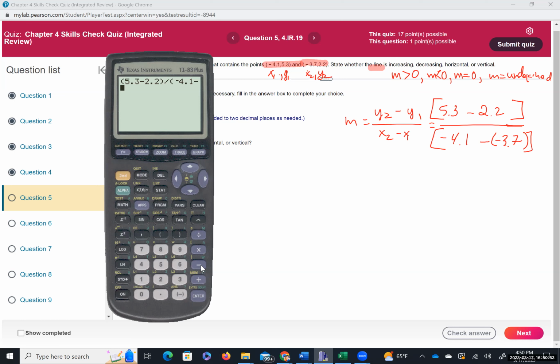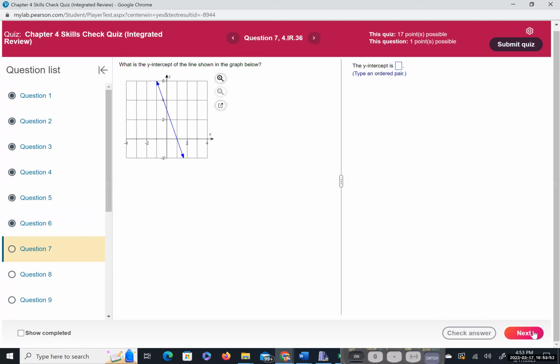So let's move to the next question, number 6. They want you to find the y-intercept. So where's the y-intercept? The y-intercept is the point of intersection with the y-axis. Here's the y-axis. Here's the point that intersects the y-axis. This is the y-intercept. Okay. So you need the coordinates of that point. What is that?